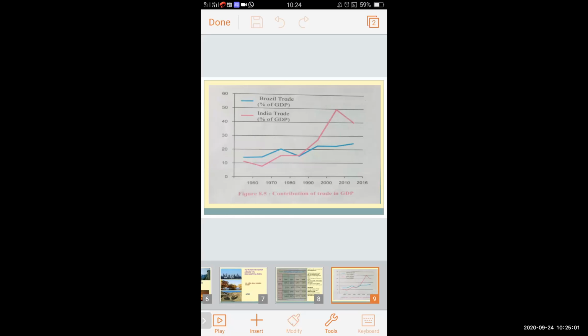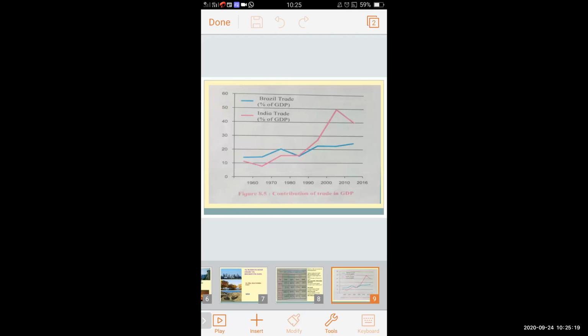Now next we will move to the graph. On the screen we can see the graph is given. It is the trade of Brazil and India, and the contribution of trade in GDP is given.